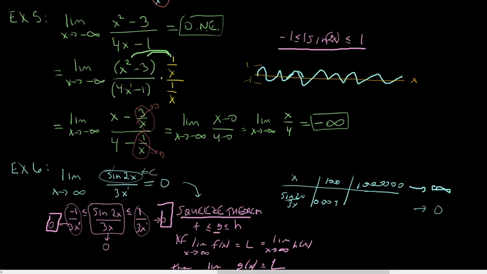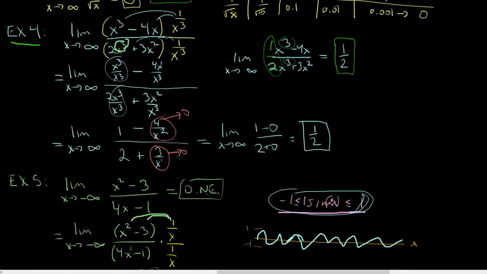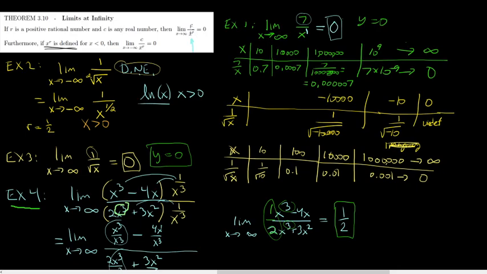What saved us, however, was the fact that the sine function is bounded between -1 and 1. That's this statement up here. And because it's bounded between -1 and 1, our c's were -1 and +1. And because those limits both go to 0, that forces the middle to go to 0 by the squeeze theorem.